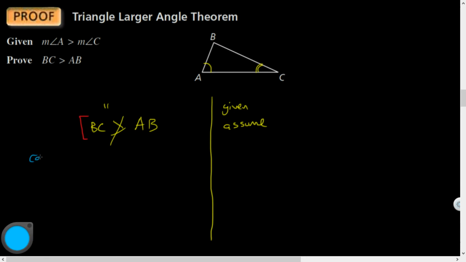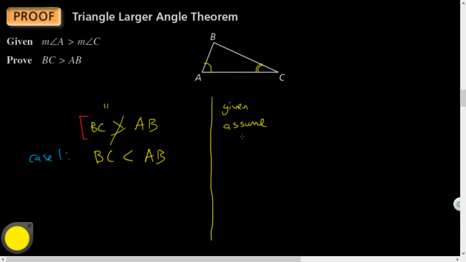So I'm going to have case one. If it's not greater than, then that means it could be less than AB, right, Tyler?